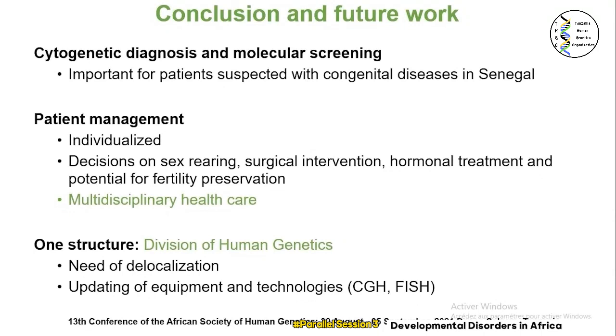Multidisciplinary health care is also essential for a better diagnosis. Also, the only structure specialized in genetic disease, the Division of Human Genetics, needs to be present in different regions, but also needs equipment and technology upgrades like CGH or FISH.